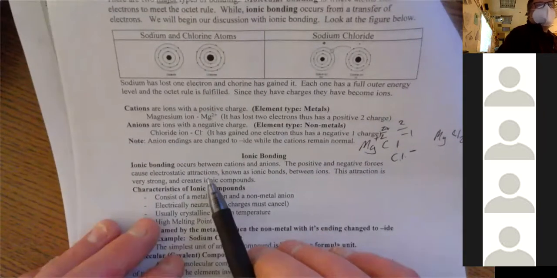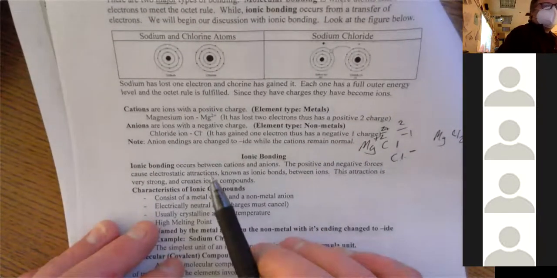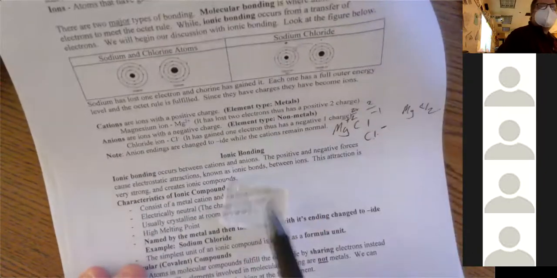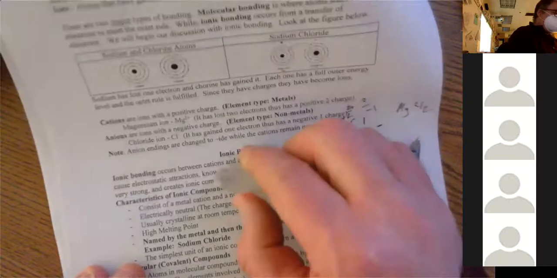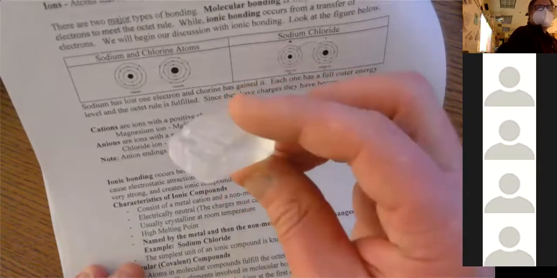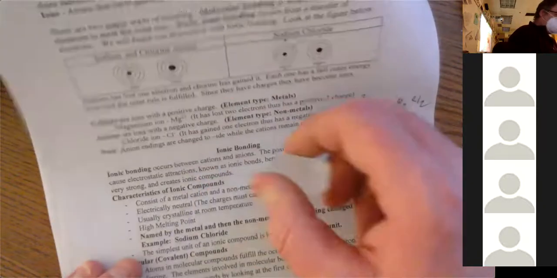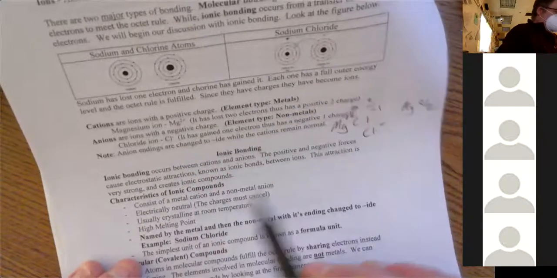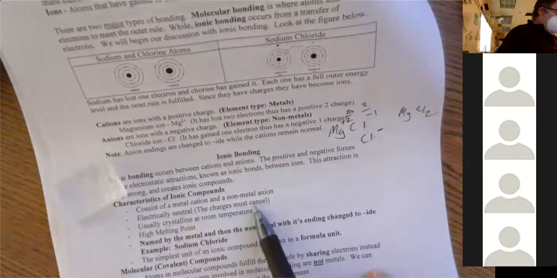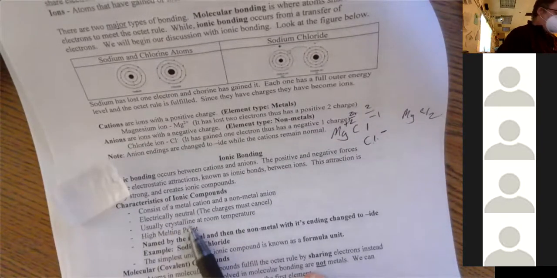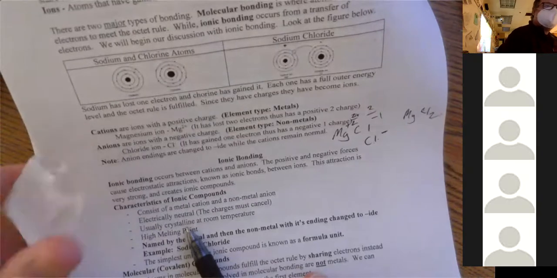Now, ionic bonding, again, is these electrostatic forces. The characteristics with ionic compounds, they are solid. This is sodium chloride. Nice chunk of salt or halide, as it's called. Consists of a metal cation and non-metal anion. It is electrically neutral. It is crystalline, as you can see at room temperature.